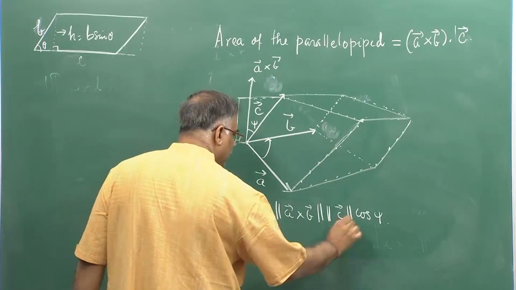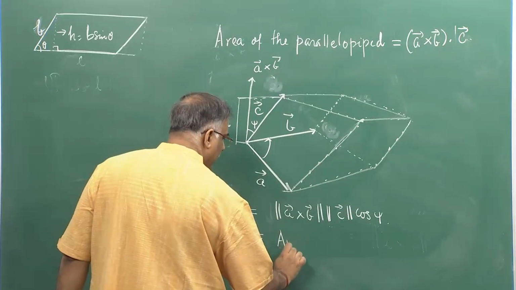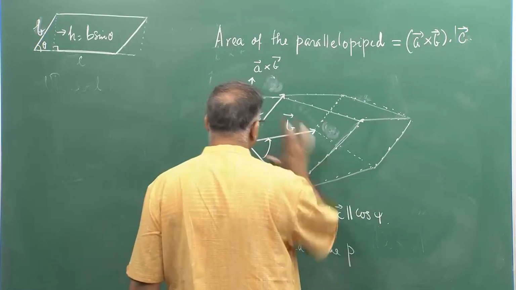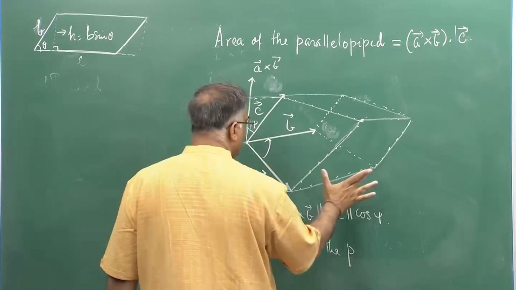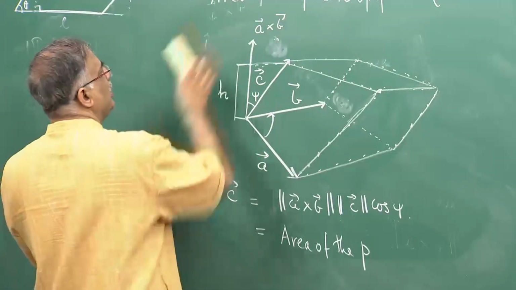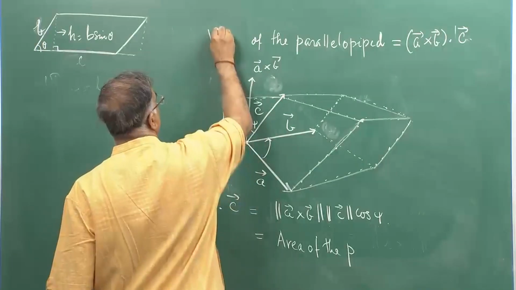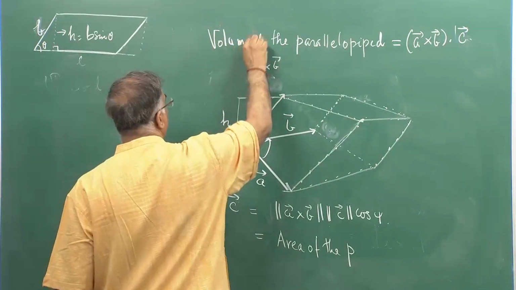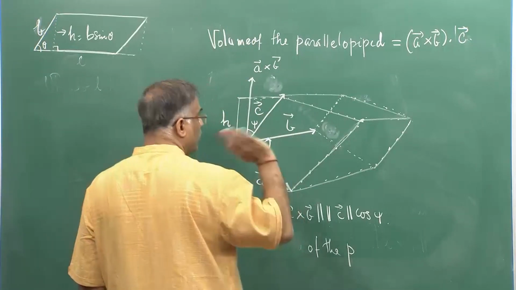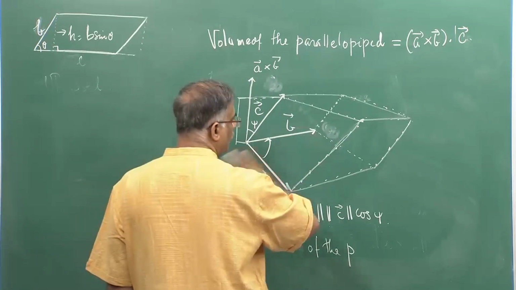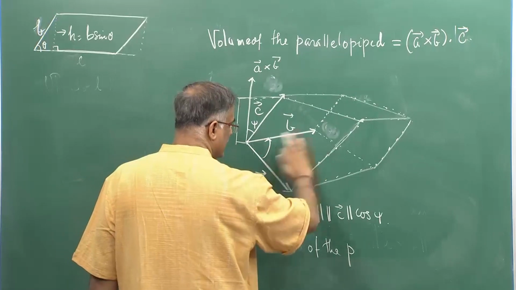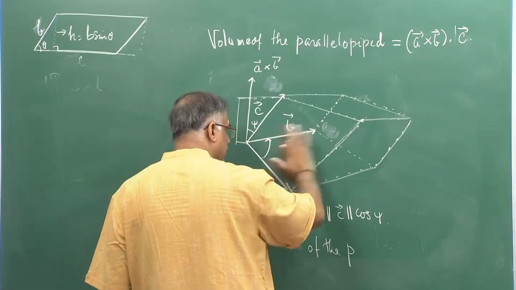So this thing is nothing but the volume of the parallelepiped, because this is nothing but the height. So what is the volume of the rectangular parallelepiped? The base area into the height. Not area of the parallelepiped, I am making a mistake, sorry, it is volume. I am in 3 dimensions, so there is no area to talk about. Please forgive me, it should be volume of the parallelepiped. The volume of the parallelepiped is the base area into the height.